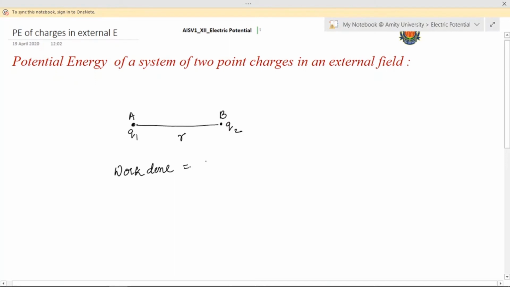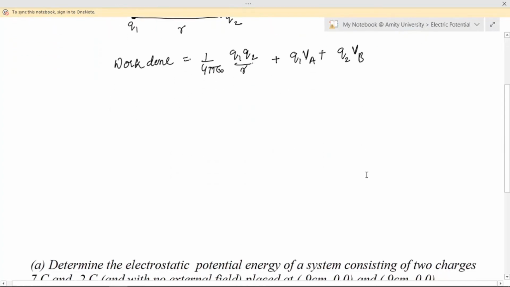That is 1 by 4 pi epsilon naught Q1 Q2 over R. But in addition to this, there will be work done in bringing the charge Q1 because of the potential at point A, that is VA, which is already there, and potential at point B, which is VB, which is already there because of the external electric field. So along with this term, it will be Q1 VA plus Q2 VB. So two additional terms will also be there. I hope this point is clear.